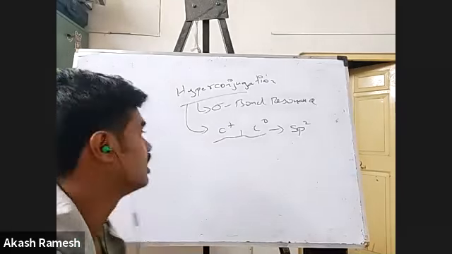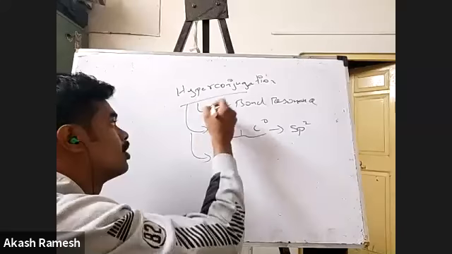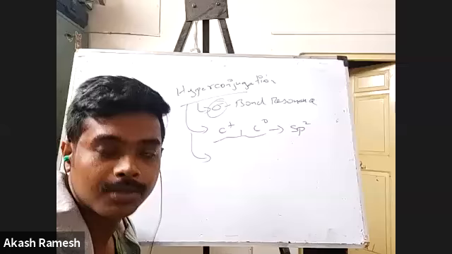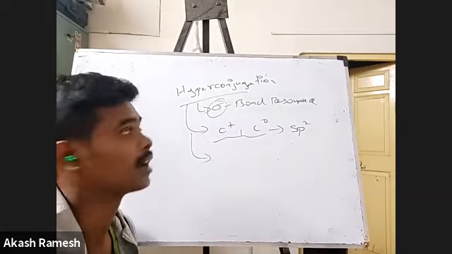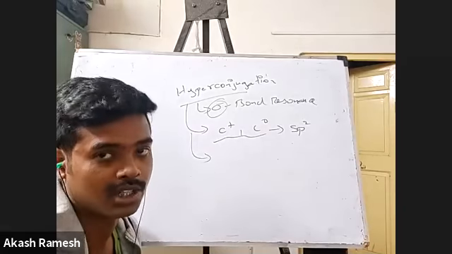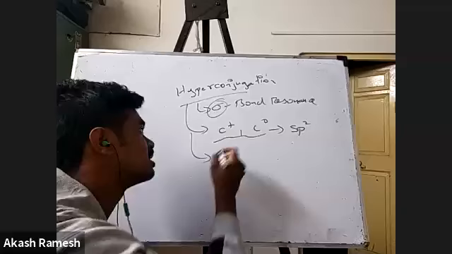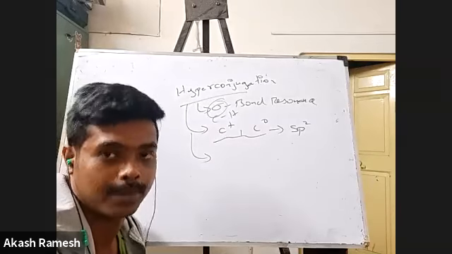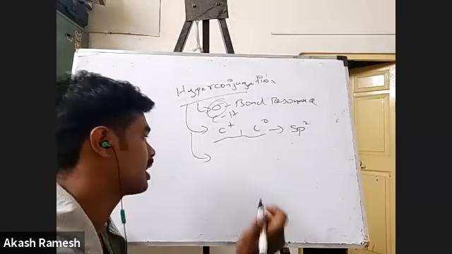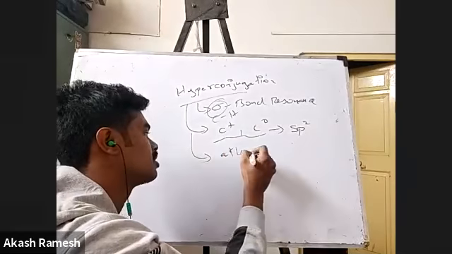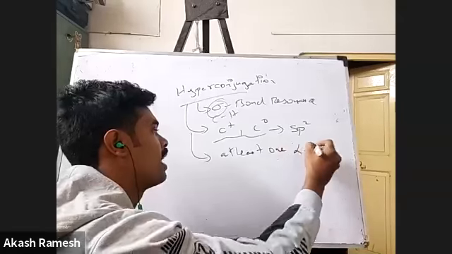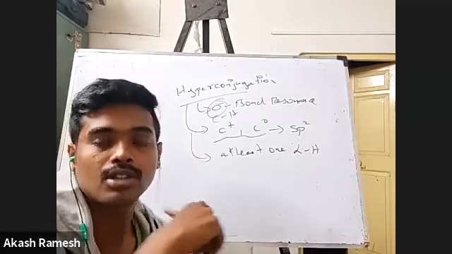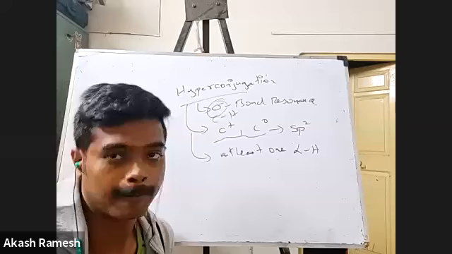Second thing is that we are talking about sigma bonds, but not all sigma bonds are capable of undergoing hyperconjugation. It is only the C-H sigma bond which is capable of undergoing hyperconjugation. So I should have at least one alpha hydrogen present for hyperconjugation to happen.